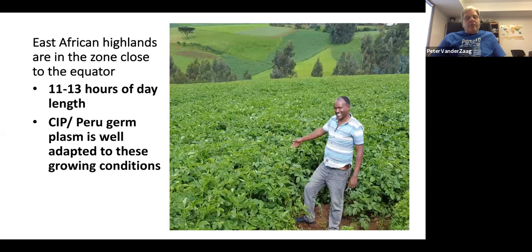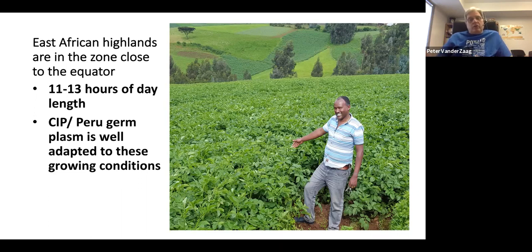Now, East Africa is kind of unique because it's also an area that's close to the equator. So it's quite similar to the Andean highlands of Peru as far as latitudes go. And here the SIP Andean germplasm has done very well. It has been very easy to grow this material in East Africa.